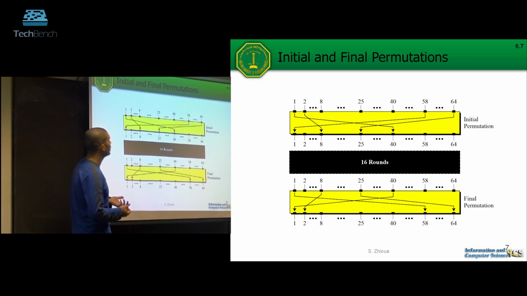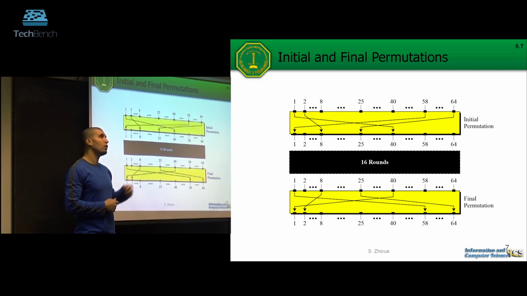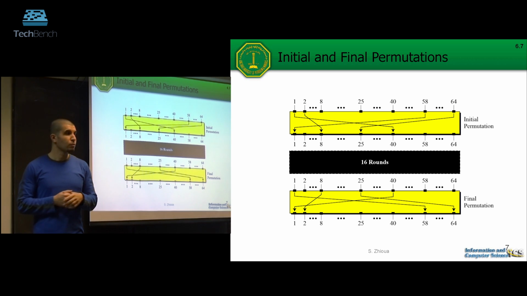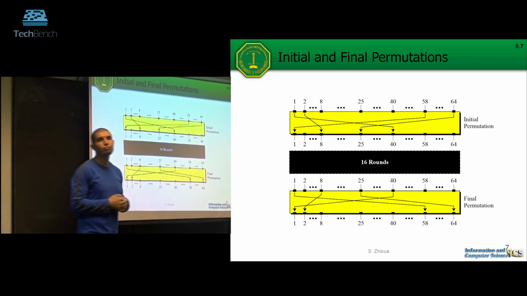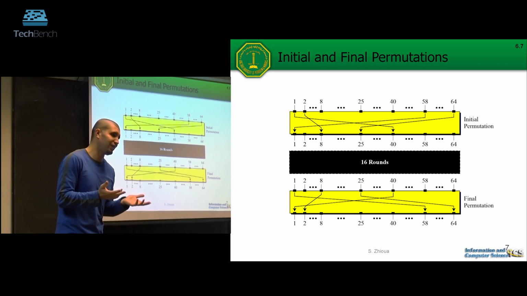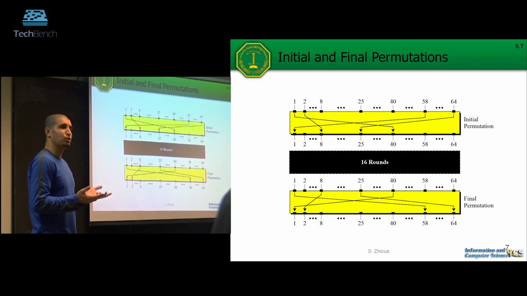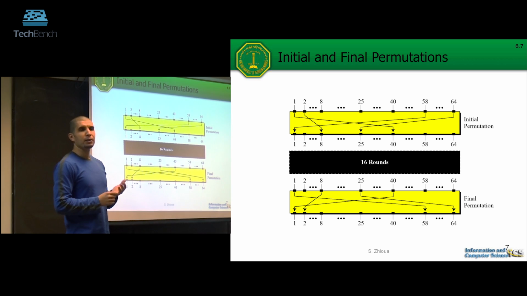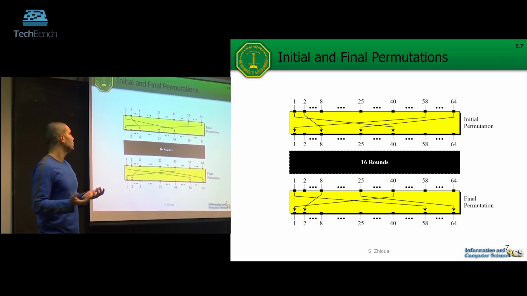Basically, if you don't do the initial permutation, the bits will be in a certain position, then after the 16 rounds, you do the final permutation. It will not be the same. The question is why. I think it would; we can do an experiment. No, it's not simple, the bits are different.